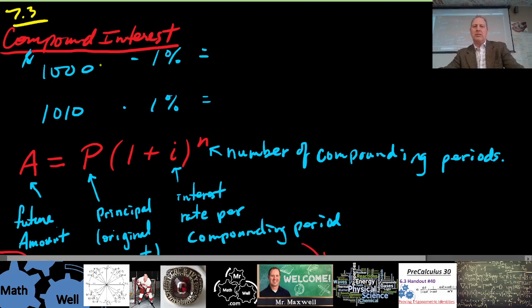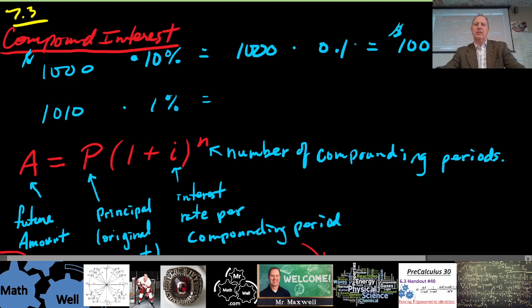Now, simple interest, let's just think about this. I should make that 10%. So if you had 10% of $1,000, you would do 1,000 times 0.1. 10% would be 0.1, you move the decimal over 1 and you get $100.